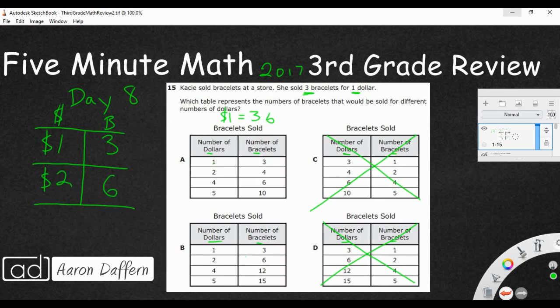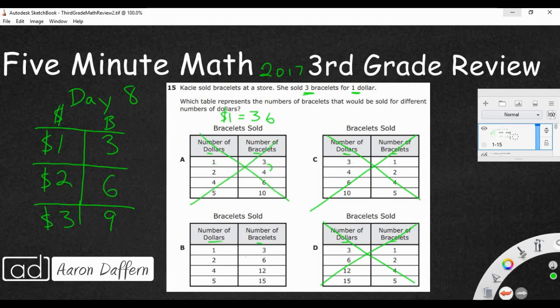And if I add another $1, I can add another 3 bracelets. So for every $1, you're getting 3 bracelets. And so you see here, we're adding the wrong amounts. That's why this one does not work. So $1 for 3 bracelets, $2, but you only add an extra bracelet for an extra $1. You get 3 bracelets for $1. So this is not going to work.